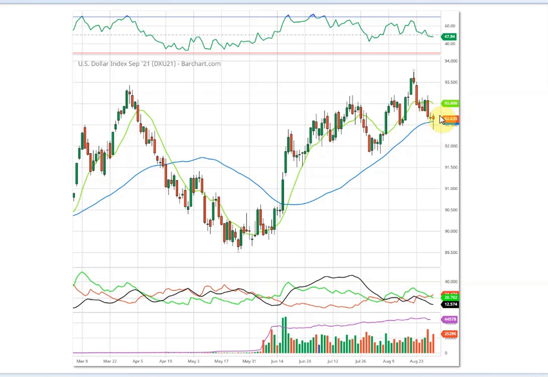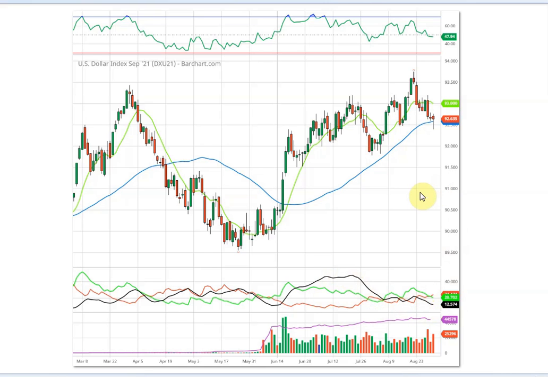Now, they have not yet crossed. However, that seems very likely. Down here in the DIs, they have crossed into bearish, and we have the ADX at a low 12. So nothing very promising here on the dollar index.